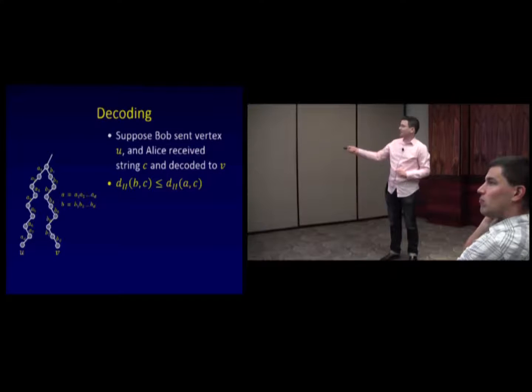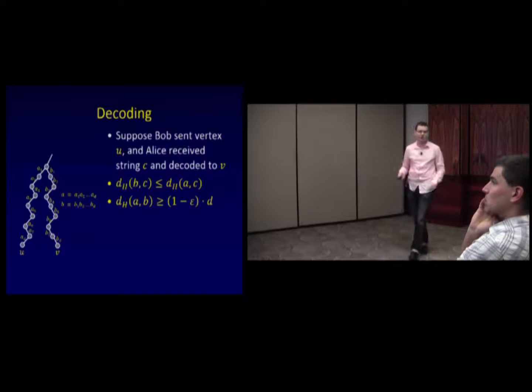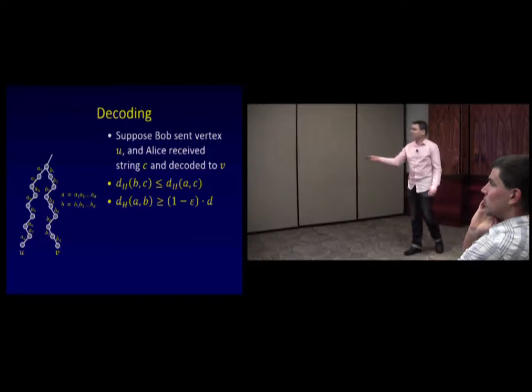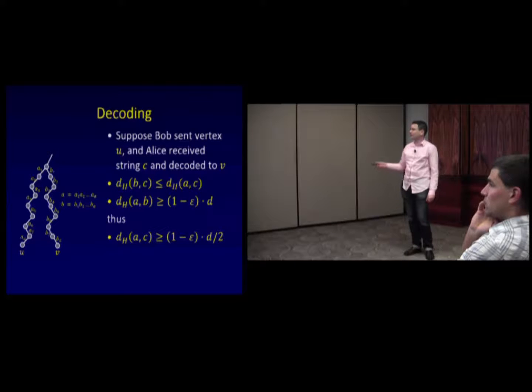That means that the received string C is closer to B than to A, otherwise, because she decodes the closest thing. And we know that A and B are very different, so it means that A and C are very different, or at least half the distance.